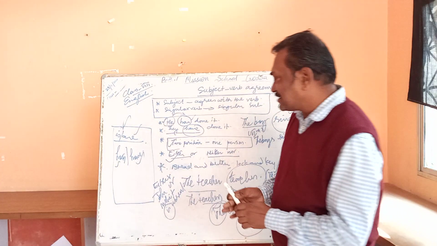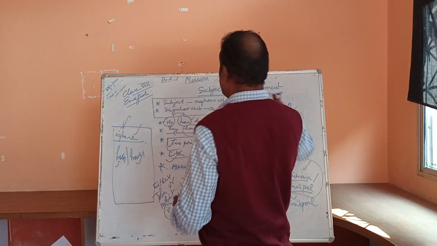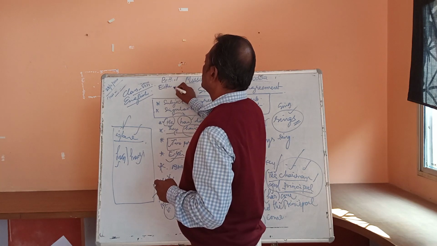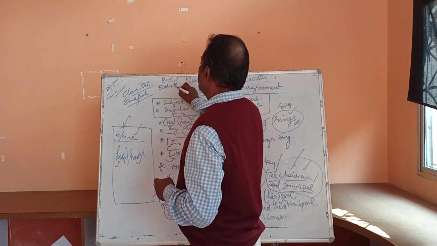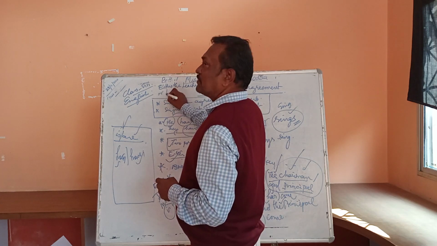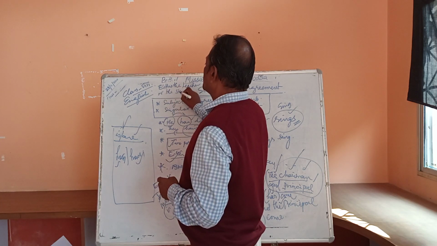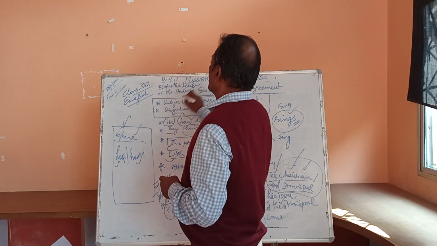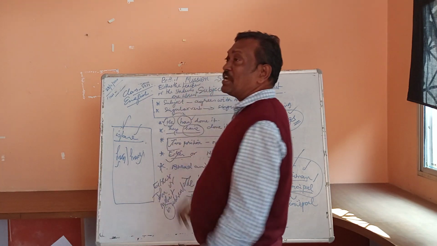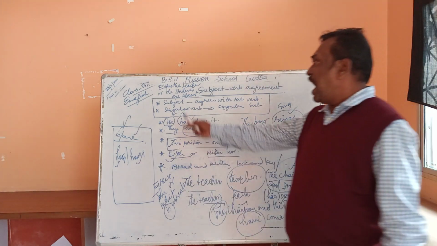Now look at this sentence. Either the teacher or the students are absent. Look at this rule. This is a very important rule again.